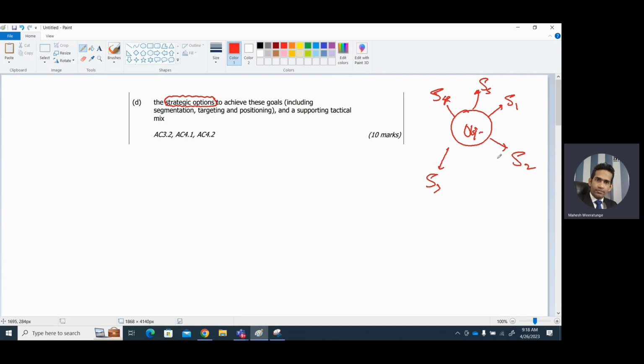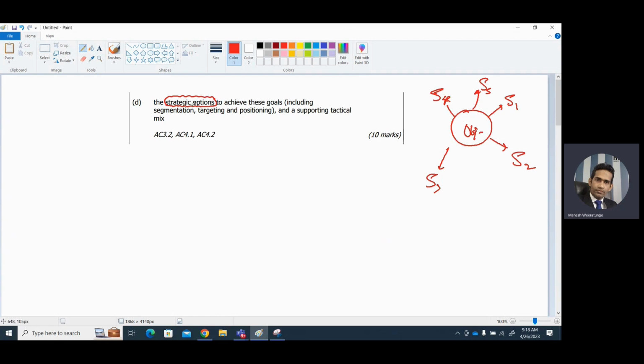Like that, you might have multiple strategies. So depending on your capabilities, your capacities, the practical side of it, your resources, and the profitability of the approach you are taking, you might select the best strategy out of the available strategies.